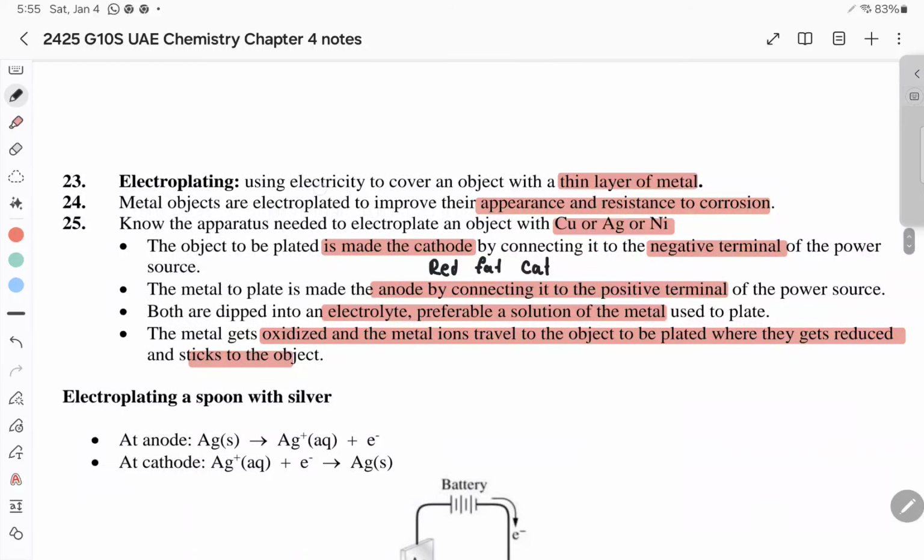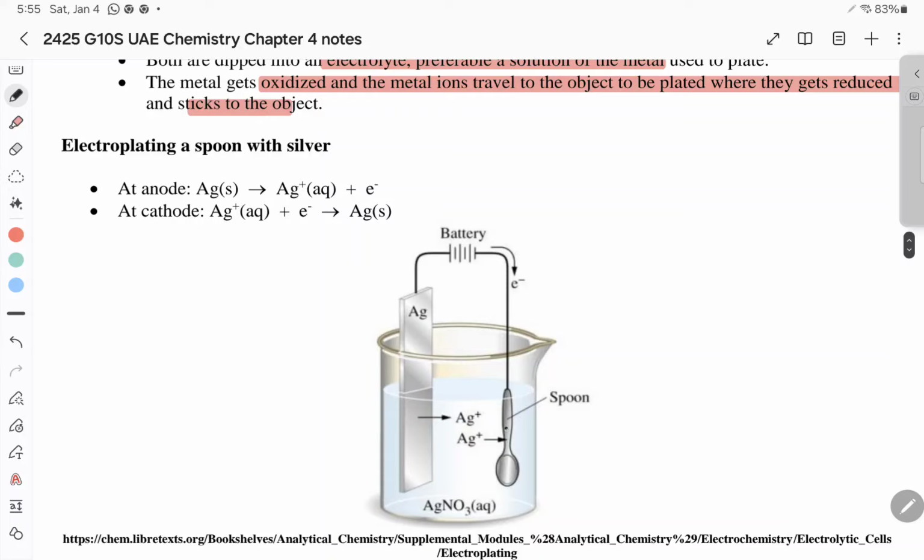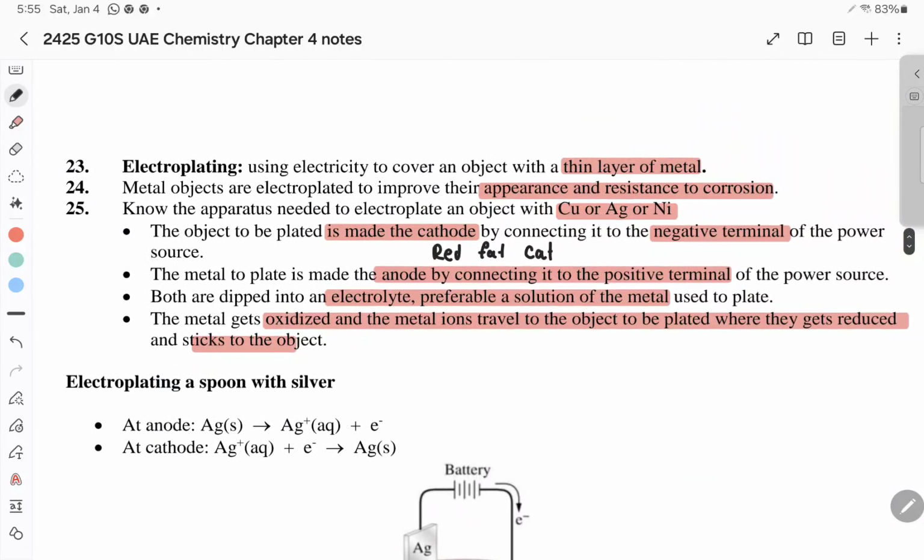That's to memorize the sentence. And the other material here, so this is your red fat cat, it's in the cathode position, it's undergoing reduction, and you're building up material on it, while the other is decreasing in size and undergoing oxidation. So that's where you use the phrase.